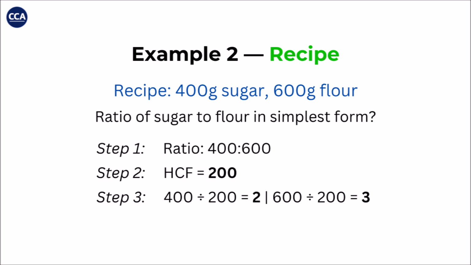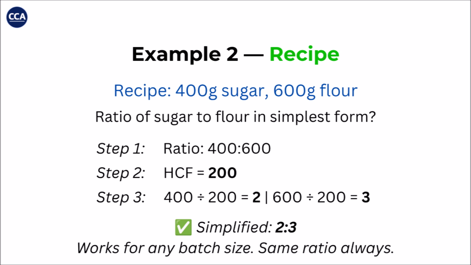Step 3. Divide both by 200. 400 divided by 200 equals 2. 600 divided by 200 equals 3. Simplified ratio. 2:3. This means for every 2 parts sugar, you need 3 parts flour. This ratio stays the same, whether you're making a small batch or a large one.